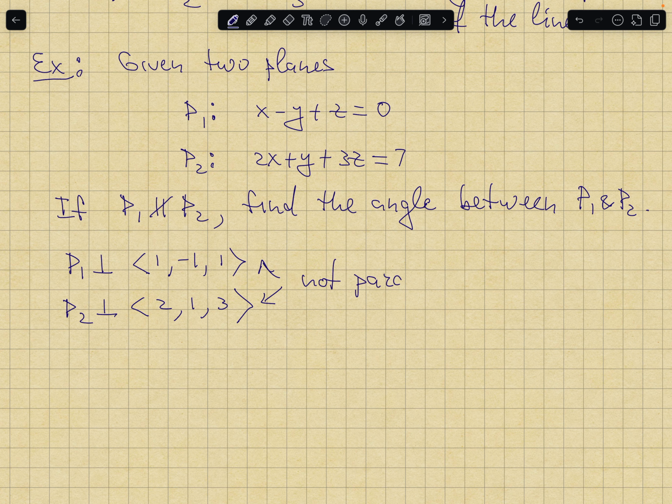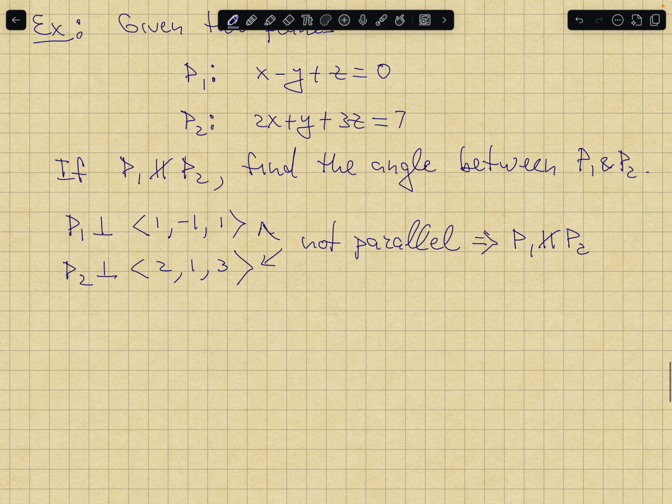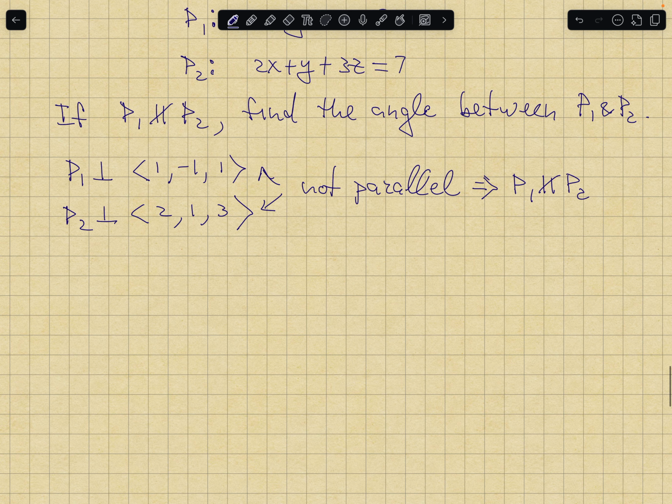Because one is not a scalar multiple of the other. And so P1 is not parallel to P2. Okay, so then it is legitimate to look for the angle between them.